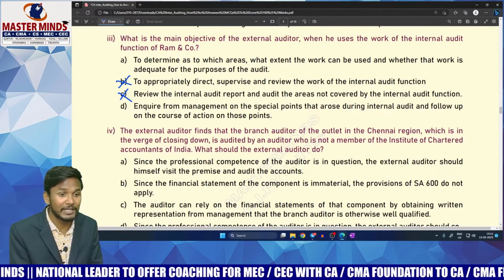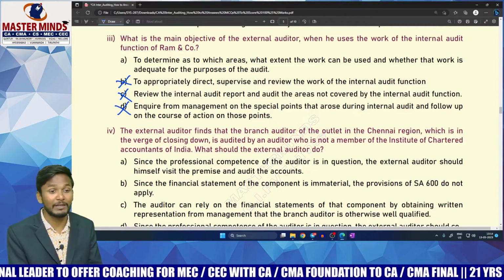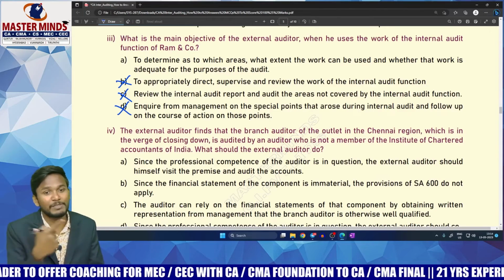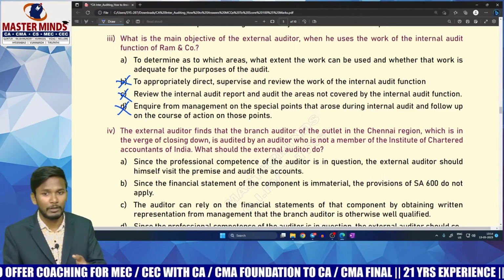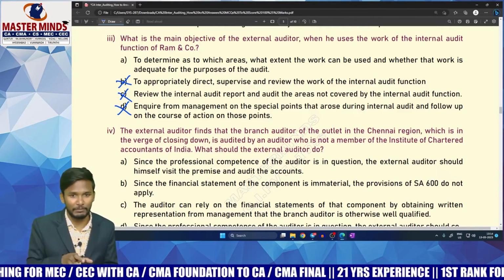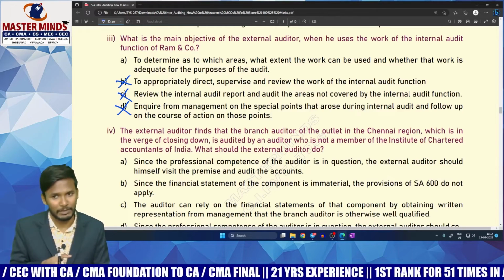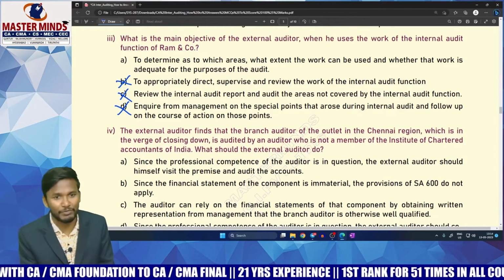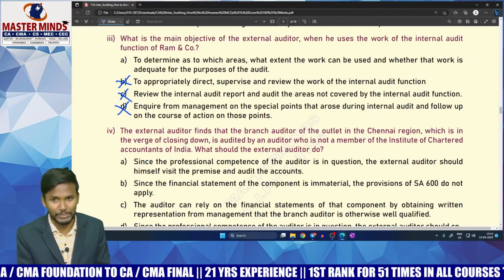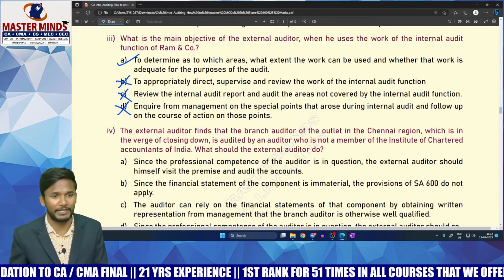But what they are asking here, see, C and D are correct statements only. I am not denying the fact. Even B is also a correct statement only. But in relation to the question, that statement becomes irrelevant. What is the question about? If you are using the work of the internal auditor, what is your main objective? Very simple. What is the work you have to use? What are the areas covered? Right now, to determine which area, to what extent the work can be used, and whether the work is adequate for the purpose of audit. This is the correct answer you are supposed to write here.